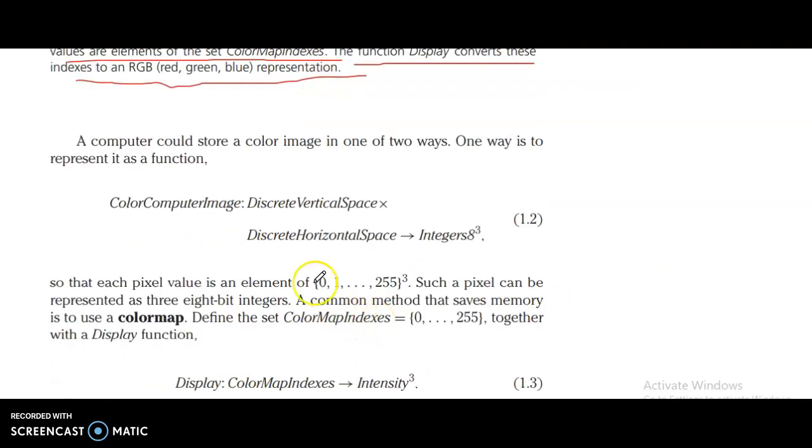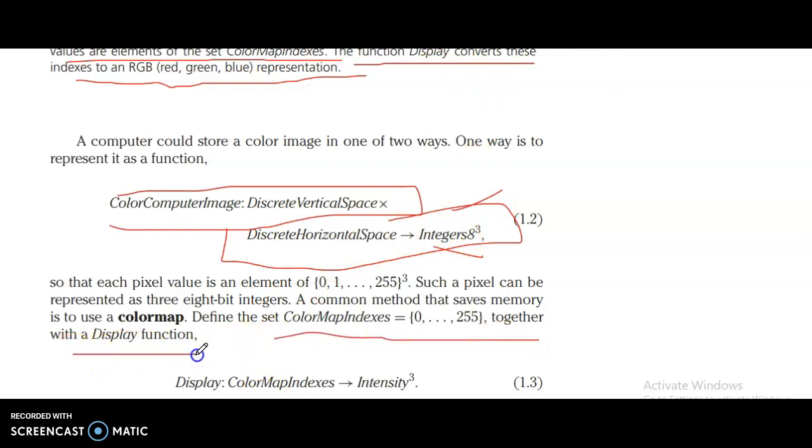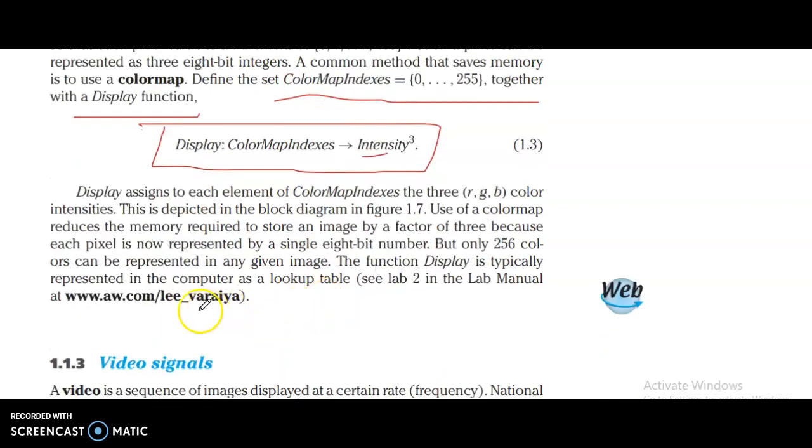Color computer image equal to discrete vertical space times discrete horizontal space to color map indexes 0 to 255, together with the display function. Display: color map indexes to intensity. Display assigns color map indexes to 3 RGB color intensities.